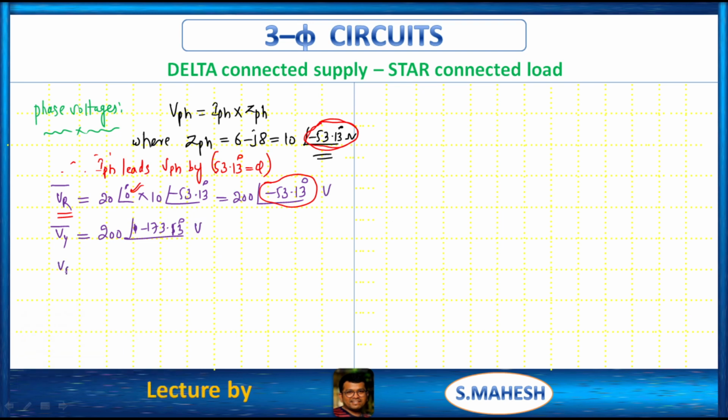Like that, the phase voltage of B phase, that is 200 at an angle minus 240 minus 53.13. So we have completed phase voltages.